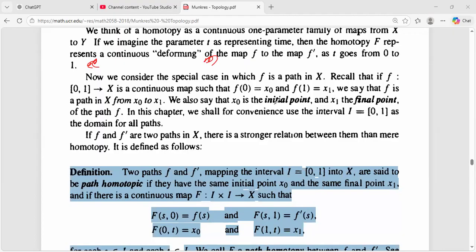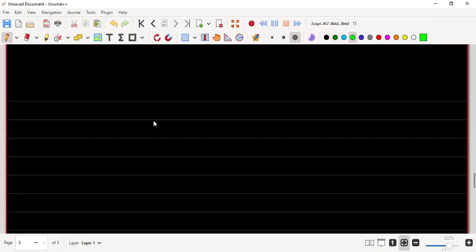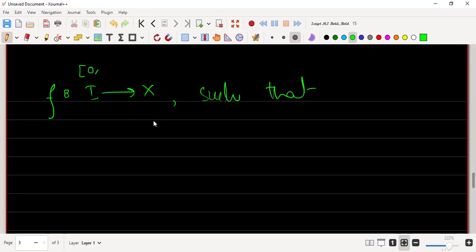So let's write this path definition. f is a continuous map, or a continuous path, from I to X, where I is the closed interval from 0 to 1, such that if we substitute 0 we get x naught, which is the initial point.